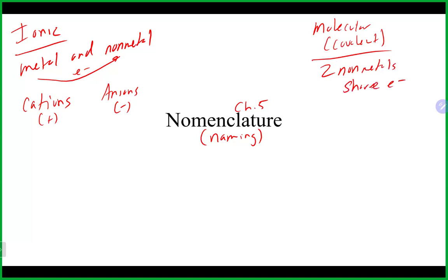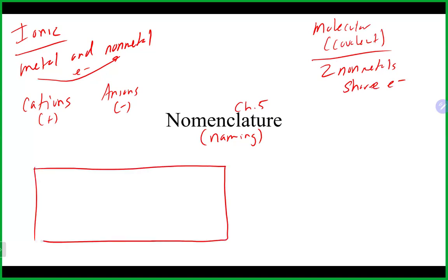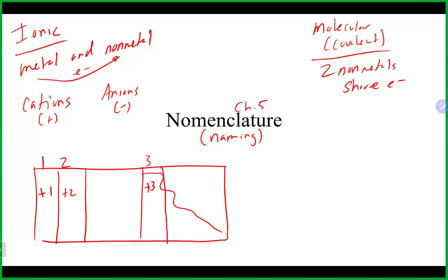So before we get going into this, a reminder that when we look at the periodic table, everybody in group 1 makes a +1 charge. Everybody in group 2 makes a +2 charge. Coming over here to group 3, which is typically aluminum, will make a +3 charge. We have sort of our staircase coming through there.